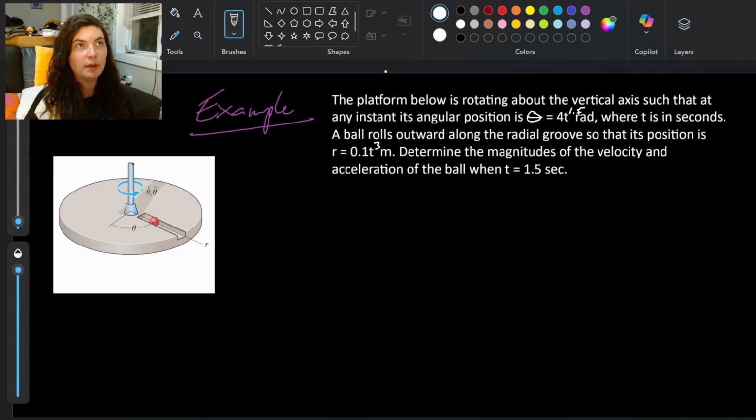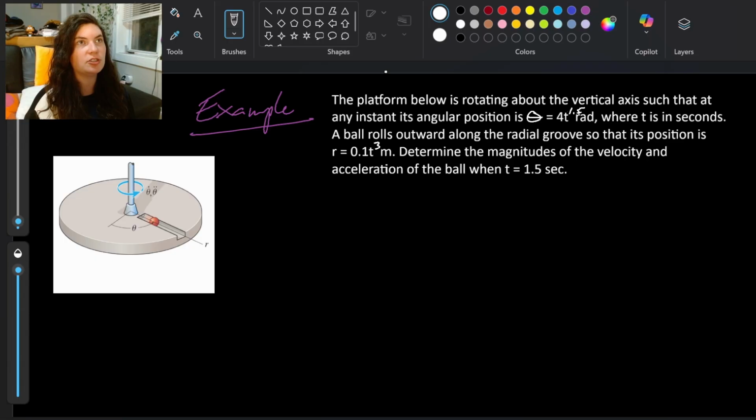In this example, we've got a rotating platform that is rotating about the vertical axis such that at any instant its angular position, there's our keyword, angular position, is given as theta. A pretty big tip off, we're going to want to use polar coordinates.